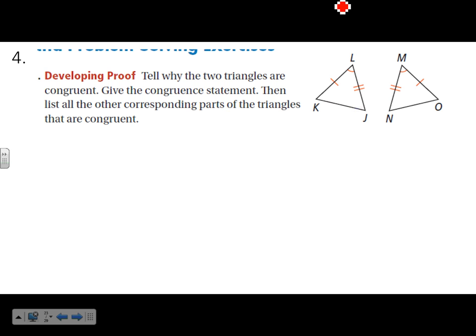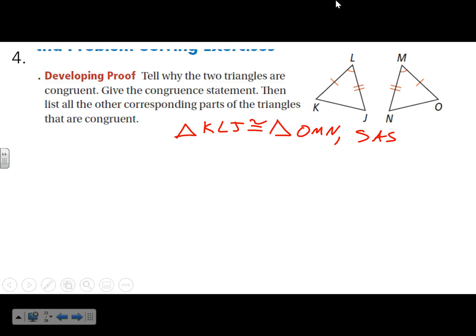Develop and prove. Tell how the two triangles are congruent. Give a congruence statement, and then list all the other corresponding parts. So this is the same thing we were doing earlier. So we have triangle KLJ is congruent to triangle OMN. And I know that because of side angle side.